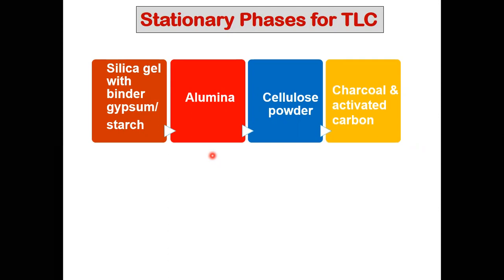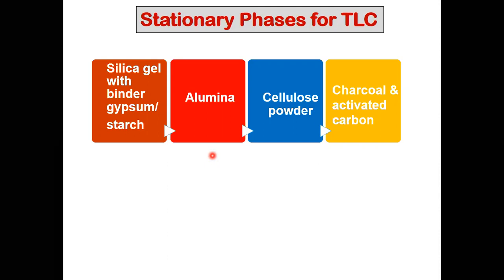Silica gel G, where G stands for gypsum, which is used as binder. All these materials differ in their particle size, and hence they play a very important role in separation science.